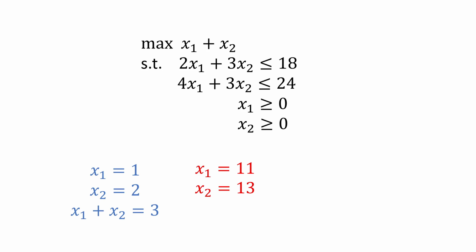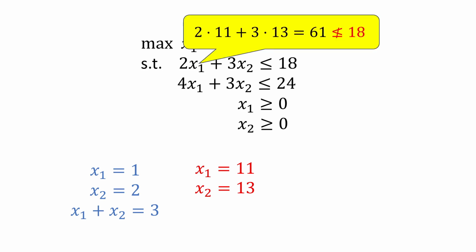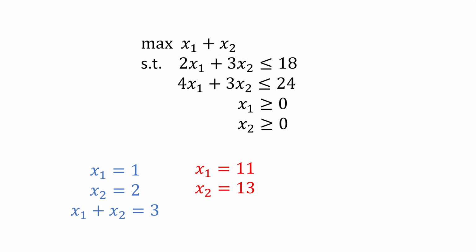Why? Because, for example, if you look at the first constraint, this first constraint is violated because if x1 is 11 and x2 is 13, then on the left-hand side, you get 2 times 11 plus 3 times 13, so that's 61. And this is not less or equal than 18, as we would require by the constraint, so therefore this is not a feasible solution.